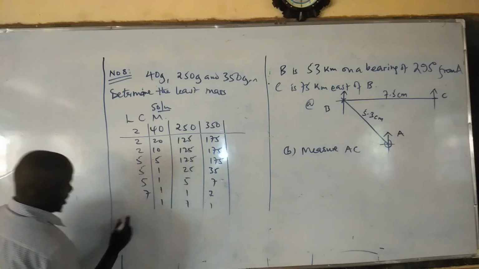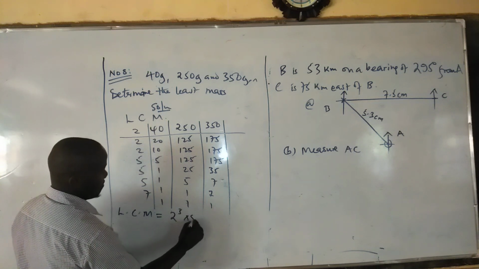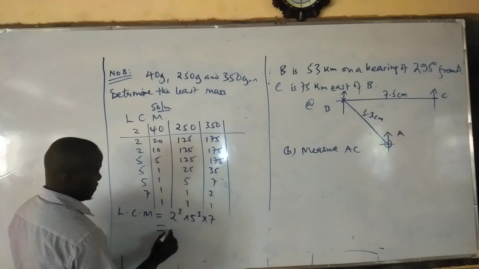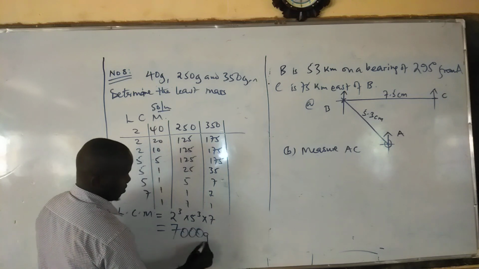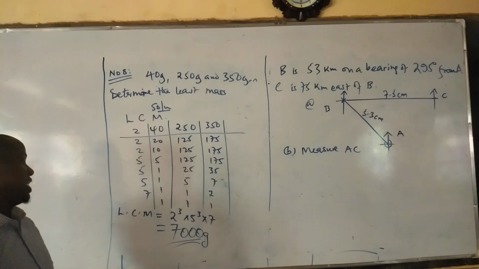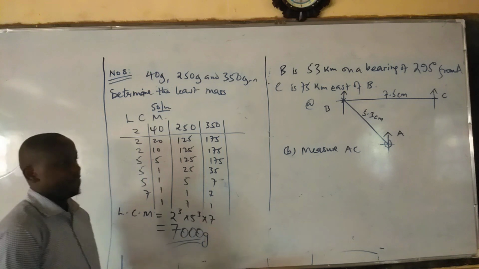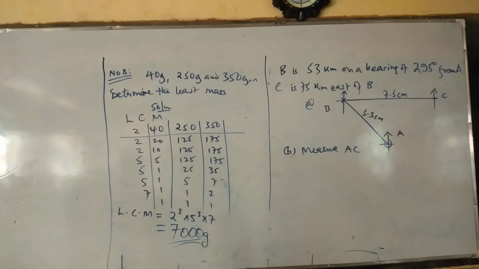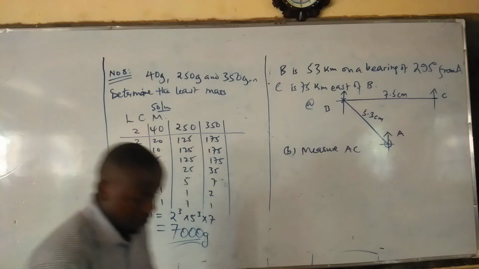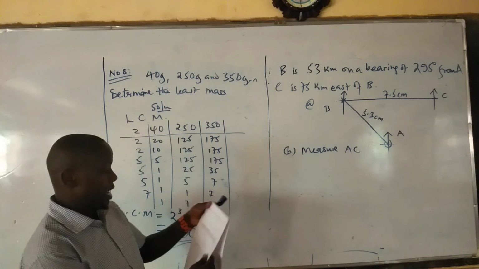Therefore, the LCM will be 2 power 3 by 5 power 2 by 7, which will give us 7,000 grams. So this should be the least mass of the tea leaves. Good. Now we can proceed to number 9.